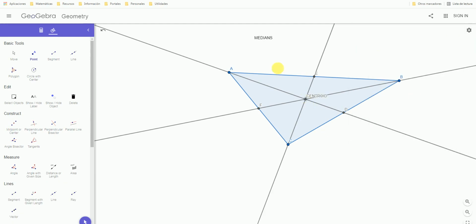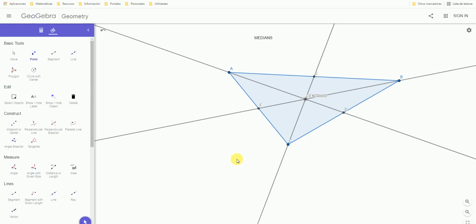The point where the medians meet. So, the three medians of a triangle, lines going from vertex to the middle point of the opposite side, they all three meet in this point that we call the centroid.